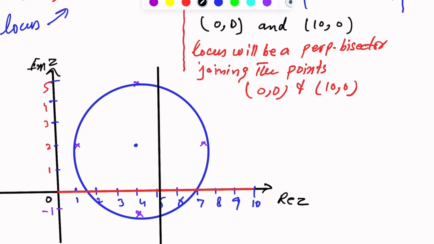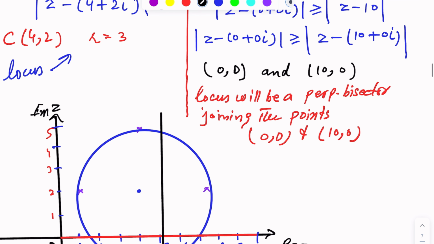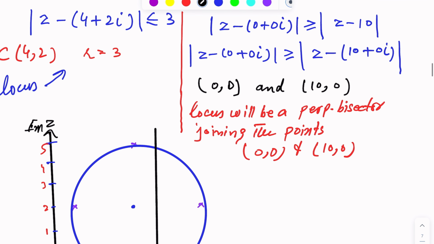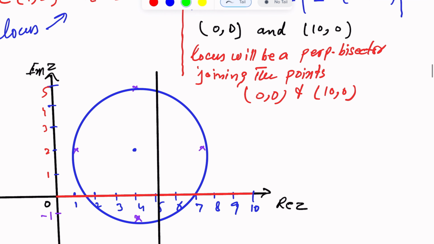Here the inequality sign is greater than or equal to, so we shade the region that lies on the right hand side of this vertical line. Its equation is x equal to 5. This is the perpendicular bisector of the line joining (0, 0) and (10, 0).